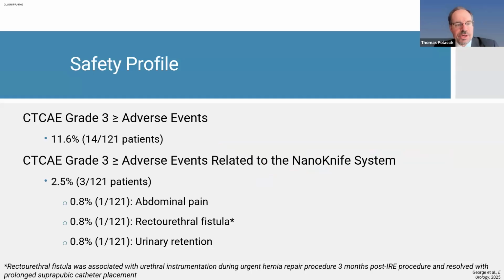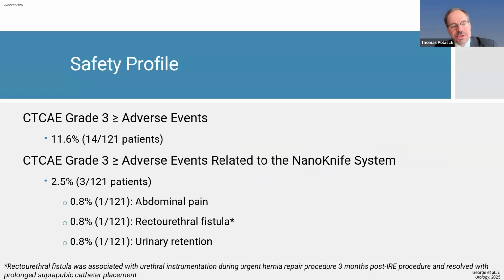Safety profiles, very important. We look at CTCAE grade 3 or greater events. We had 11.6% adverse events overall. And then there were 3 patients that had grade 3 or greater. There was one with abdominal pain, which resolved.